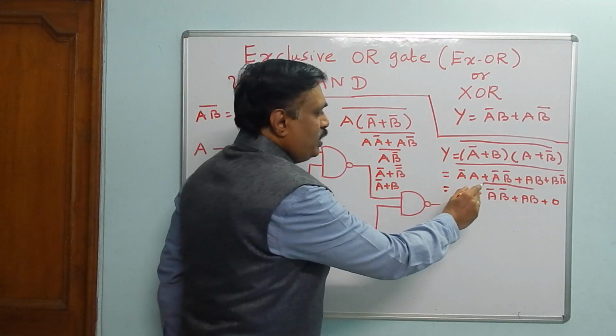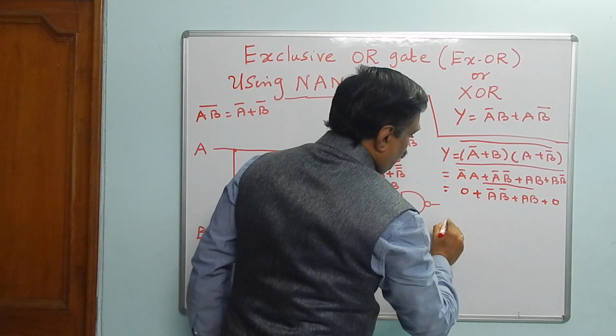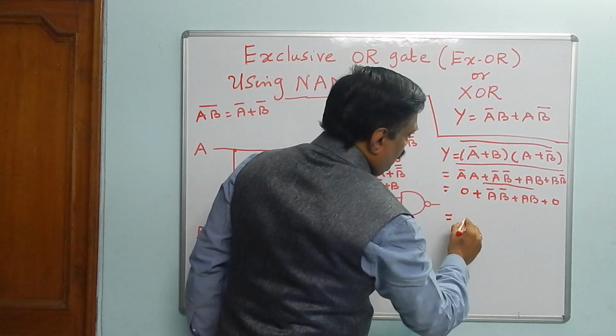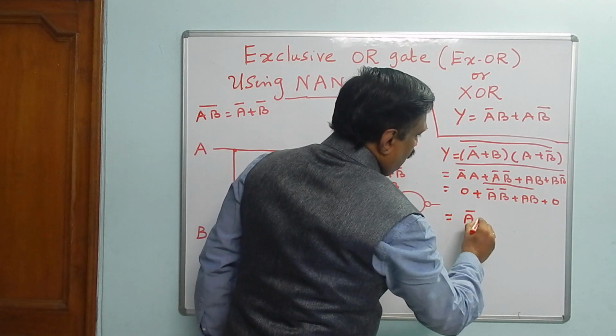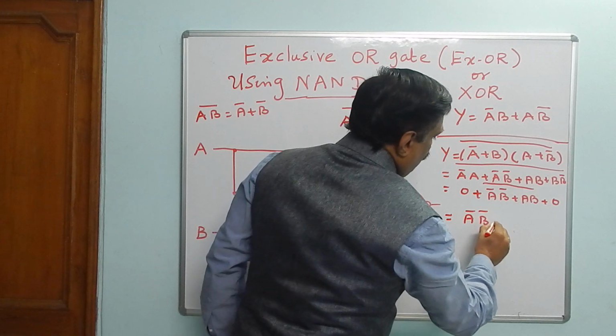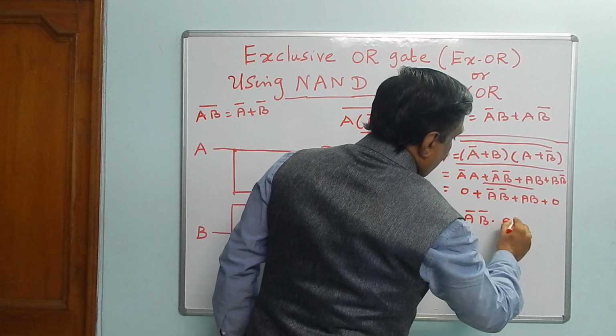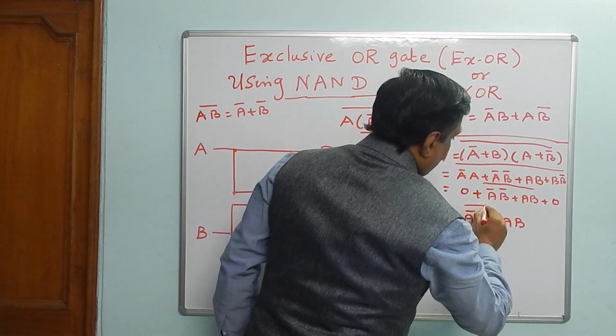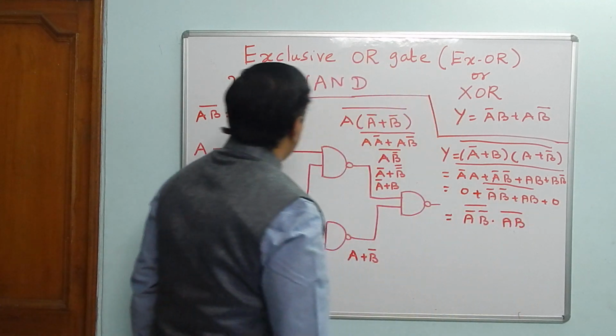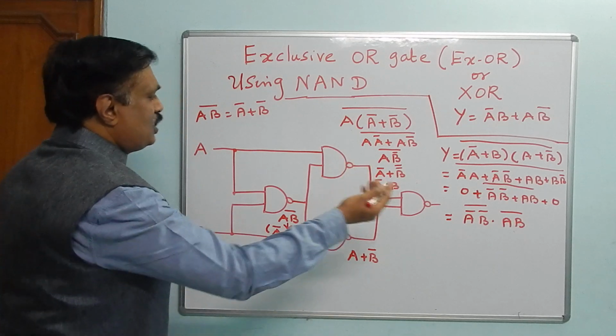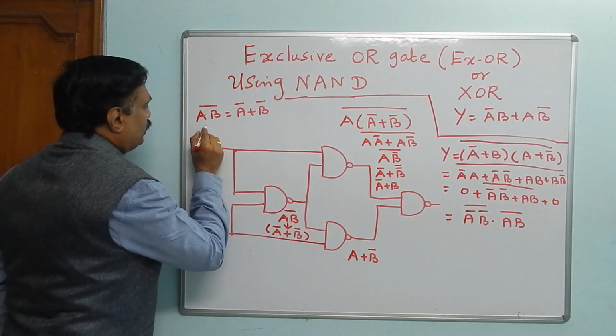Now if you make a complement here, that means you are having A bar B bar and AB, this bar. That means you are applying De Morgan's another law. De Morgan's another law.